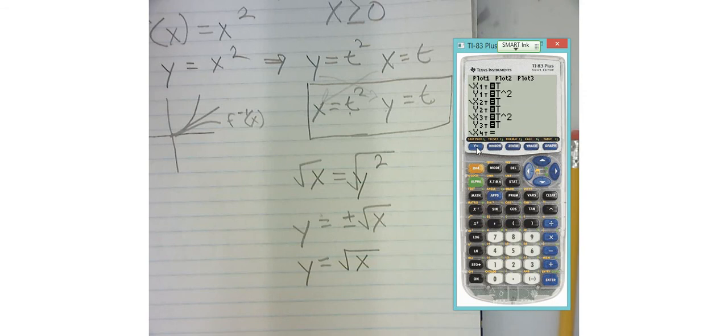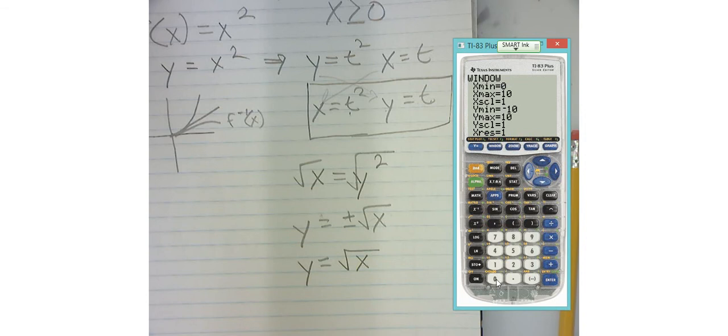So if I come in here and I change my mode from parametric to function notation, and then I plug in x squared, and then I come down here and I say the square root of x. And then I'm going to set my window so we're only interested in the first quadrant.